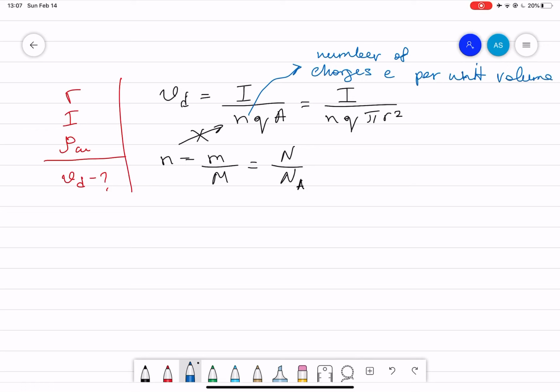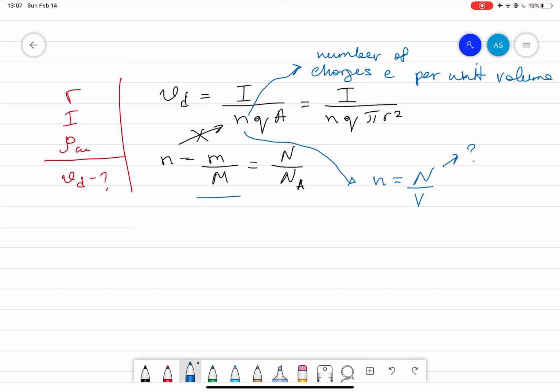Then that means this n is equal to the number of electrons divided by the volume, or the number of charges per unit volume. Now, how can we find this number of charges?